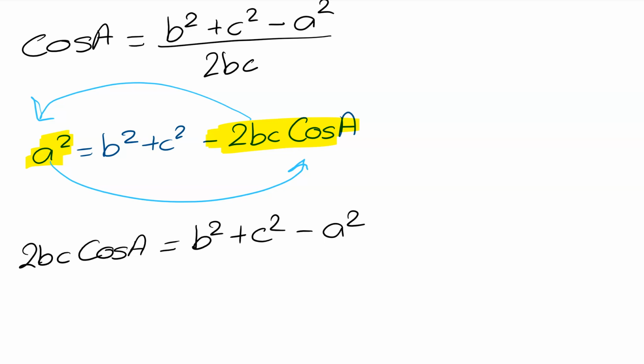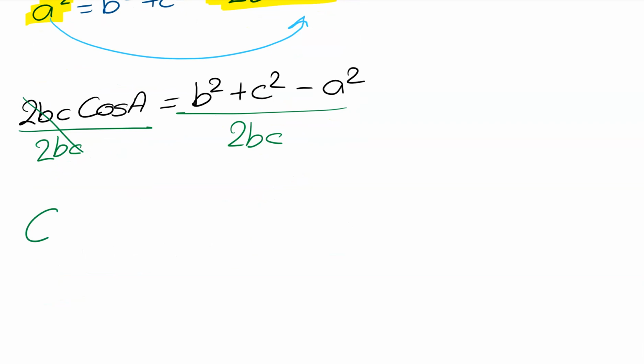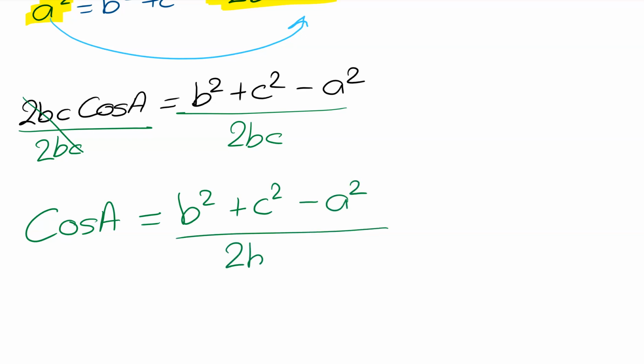Then all I will do is divide both sides by 2bc, and my final solution is cos A equals b squared plus c squared minus a squared over 2bc. And we've got our second formula as well, which helps us find a missing angle. So this is the proof behind the cosine rule.